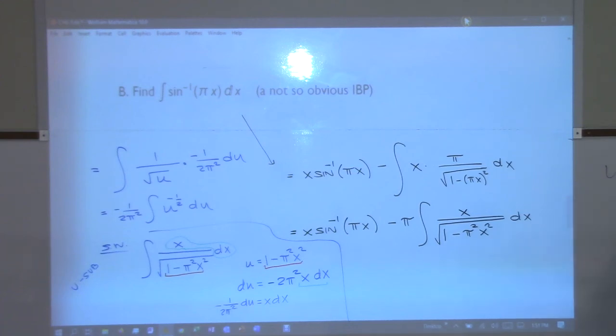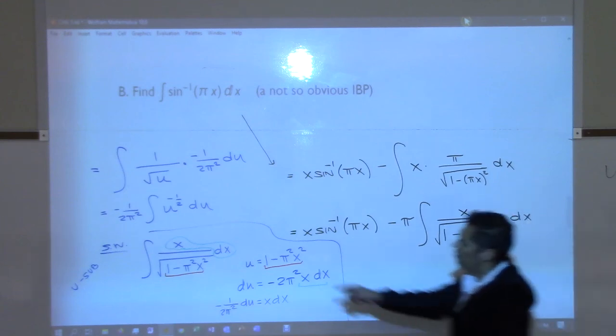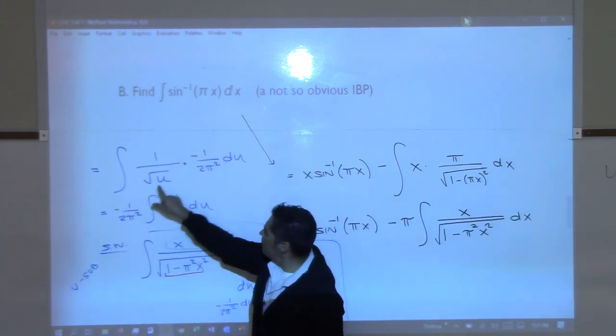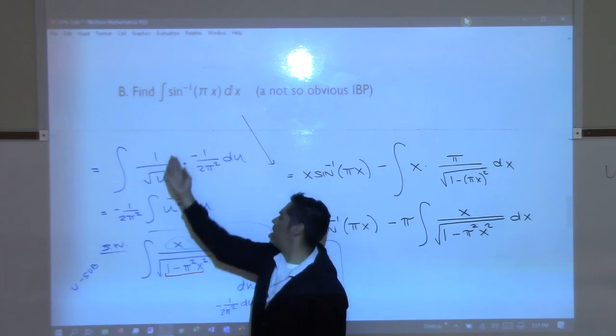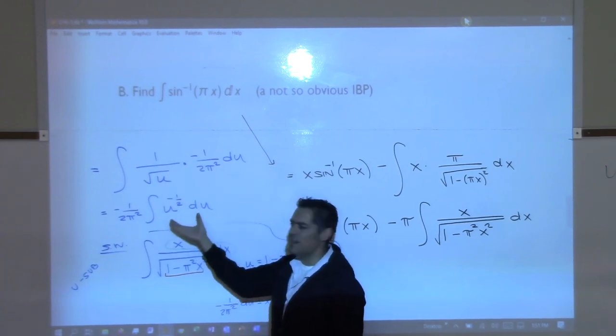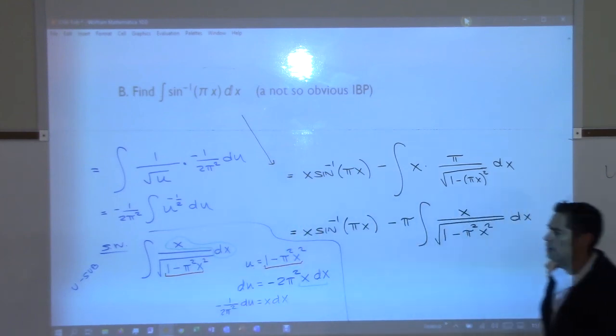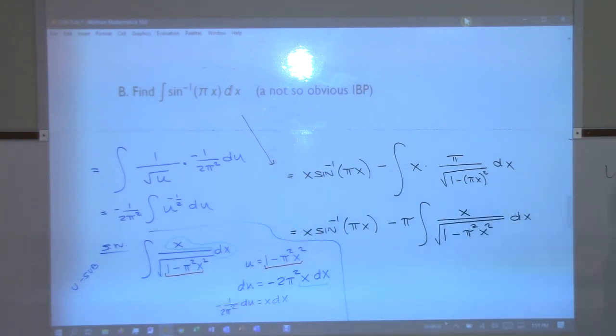Herman, now what can we do with that? Where are we at right now? We're right here. So I pulled that constant out, I rewrote that as u to the half, I brought it up, u to the negative 1/2. What technique can we use to solve this? Antiderivative. Okay, what rule?